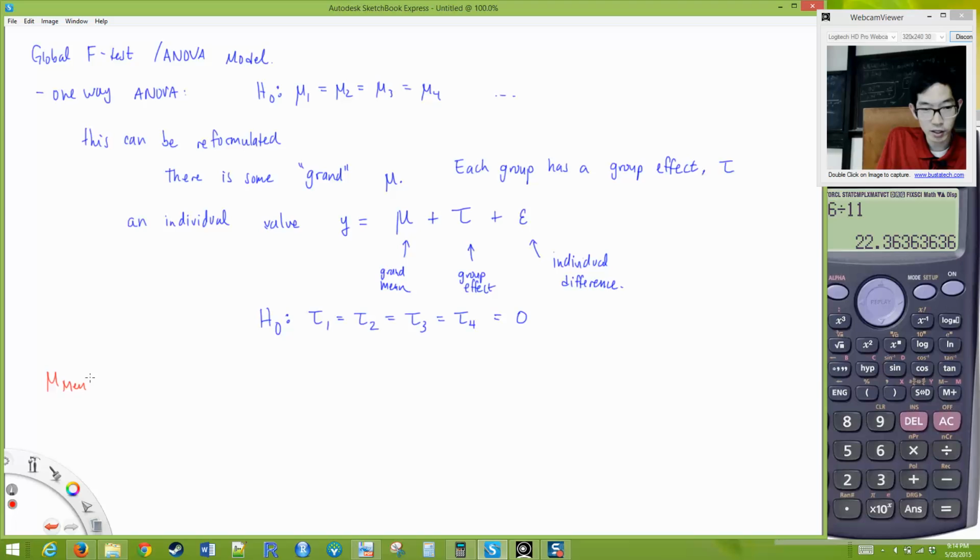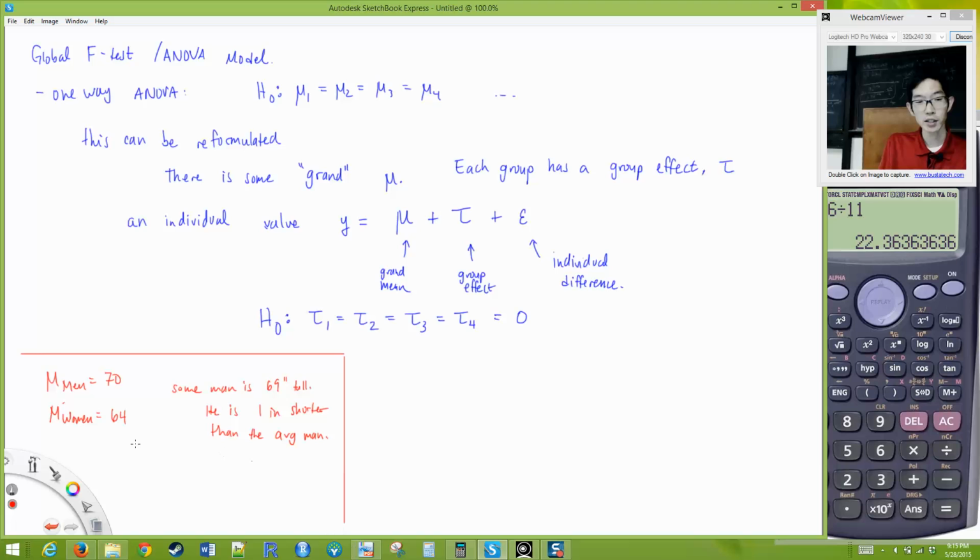And so if you were to take a man who is, let's say, 69 inches tall, you can say he is 1 inch shorter than the average man in the US. And this would be more aligned with our old model of the null hypothesis being mu1 equal to mu2.